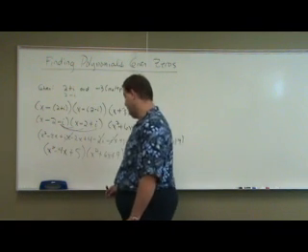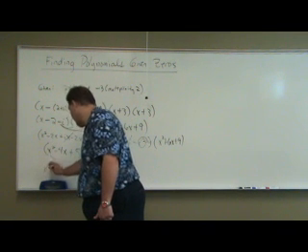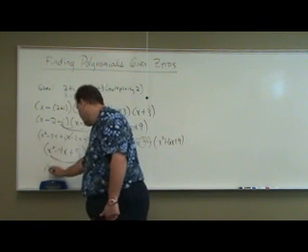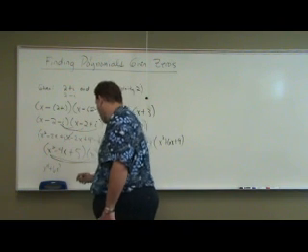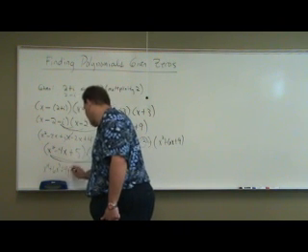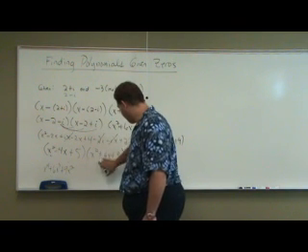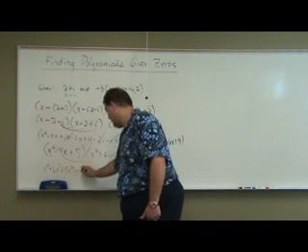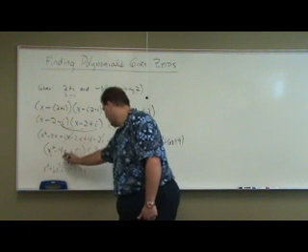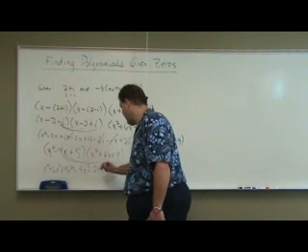So again, be careful. That's x to the 4th, 6x to the 3rd, 9x squared. Then we go to the next one. Minus 4x to the 3rd. Minus 24x squared.